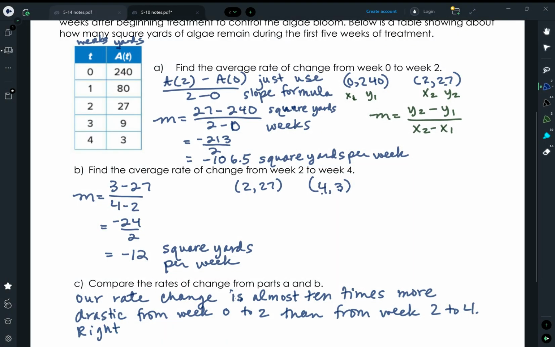Right away, lots of algae dies off, and then the amount decreases less rapidly.